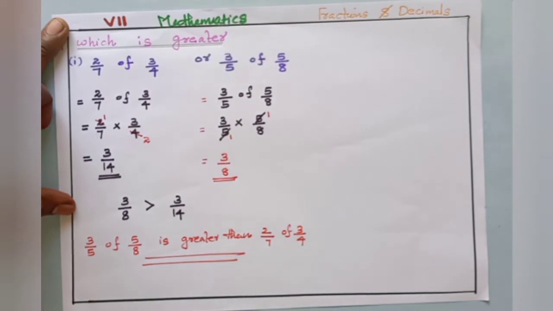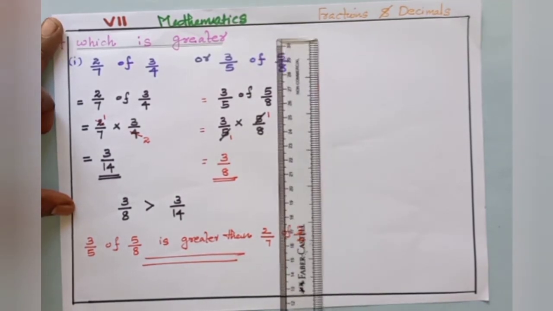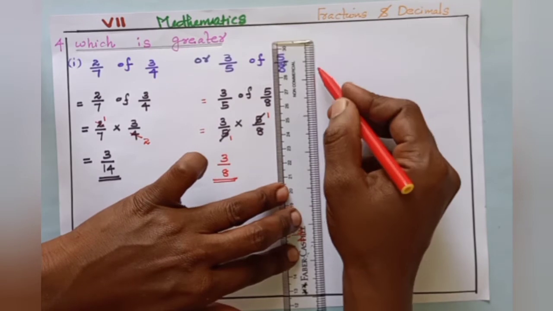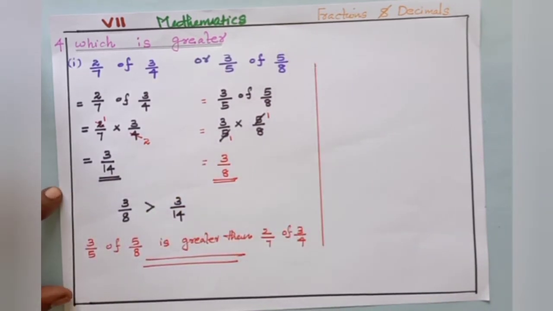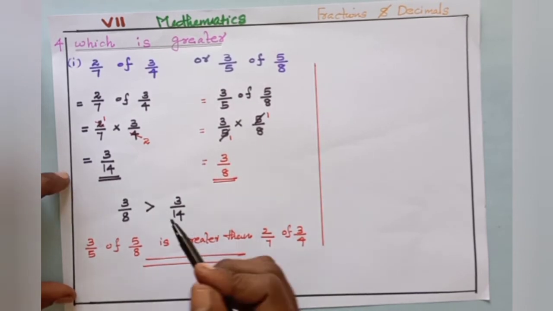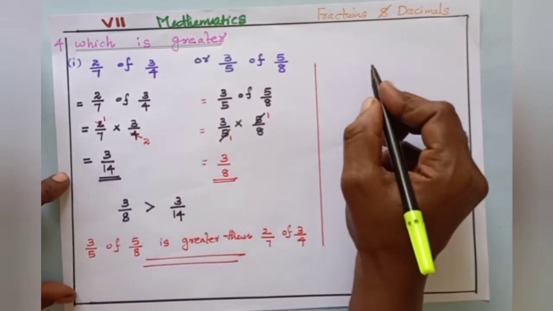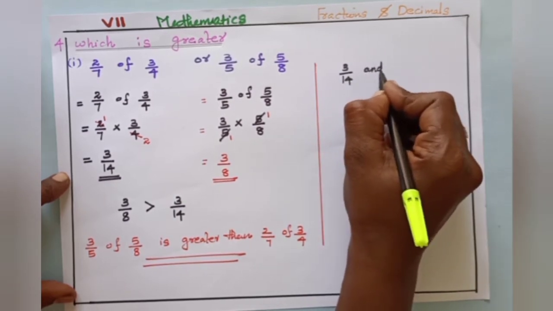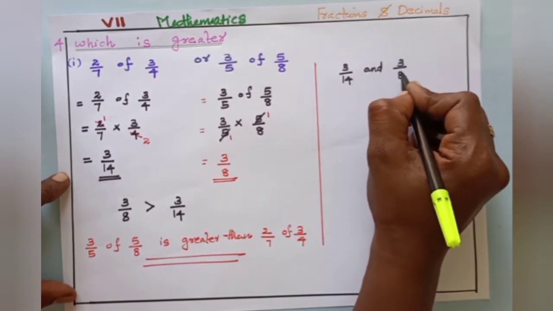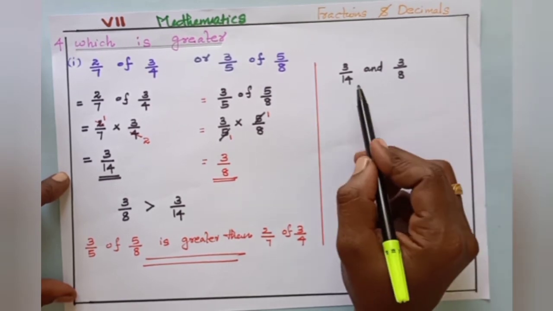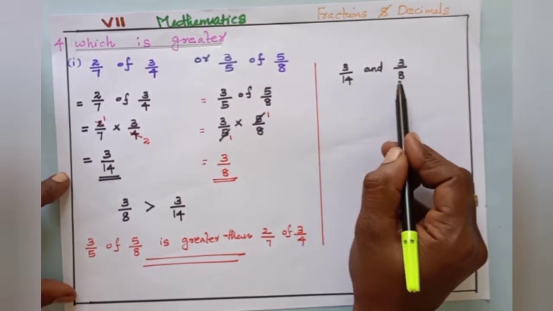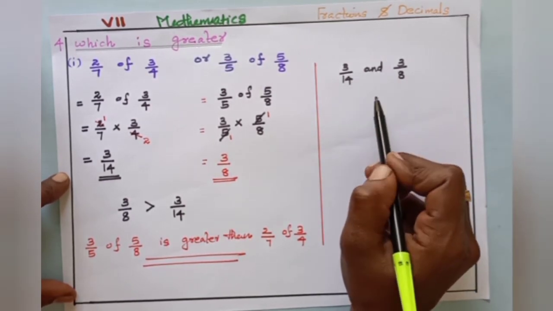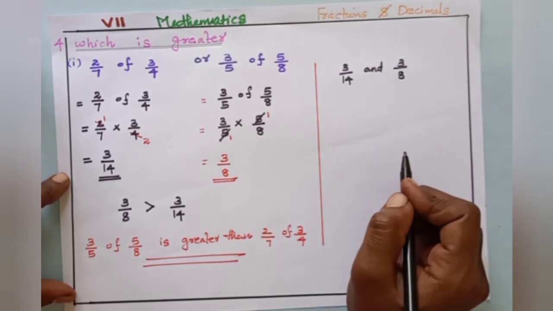We can do this question by another method. 3 by 14 and 3 by 8: change the denominators to be equal, then compare, and we can find out which is greater.